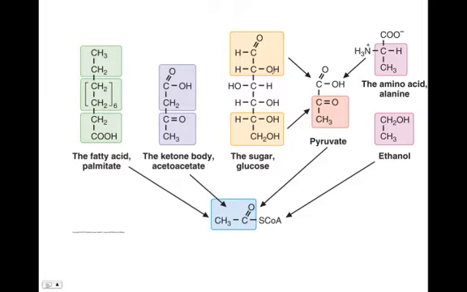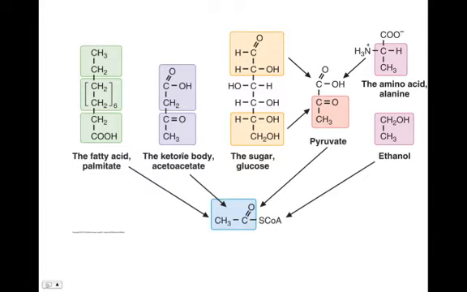So we've just looked at the oxidation of glucose to generate pyruvate. And pyruvate can generate acetyl-CoA. Acetyl-CoA can be generated by the metabolism of many different intermediates. Fatty acids are oxidized to acetyl-CoA.